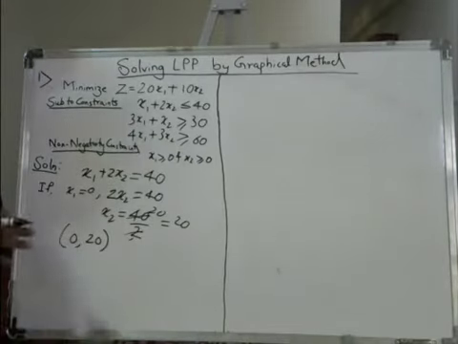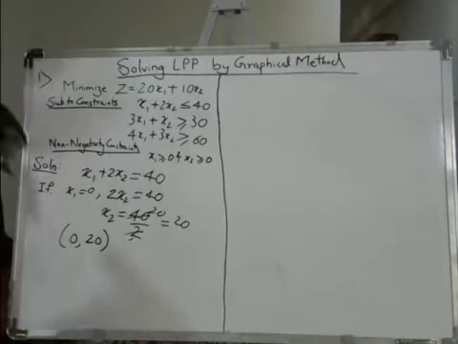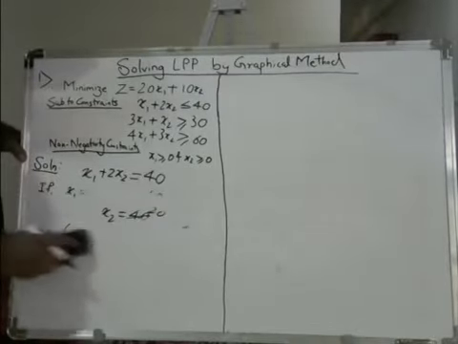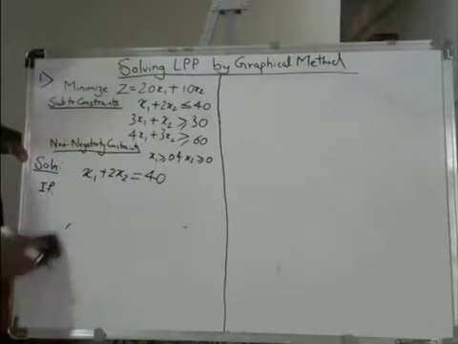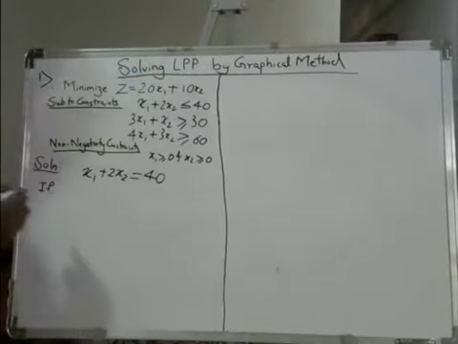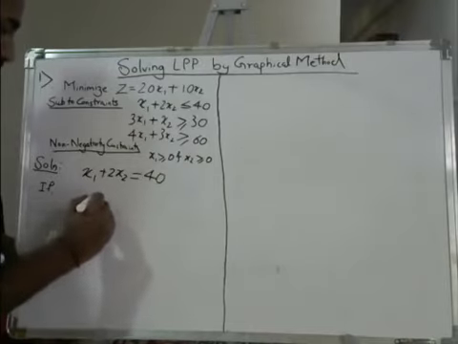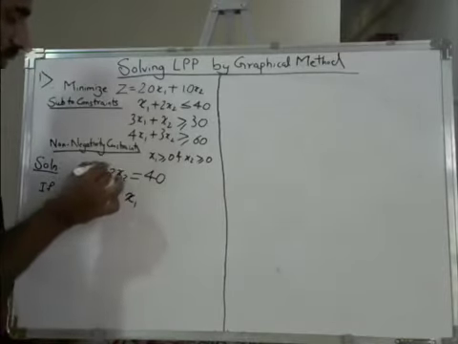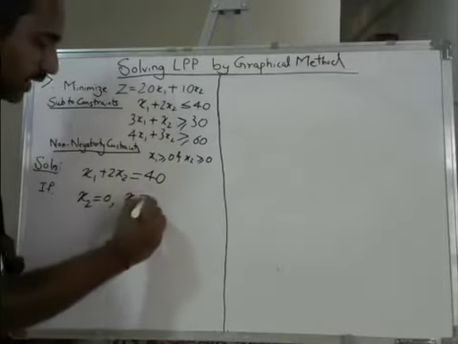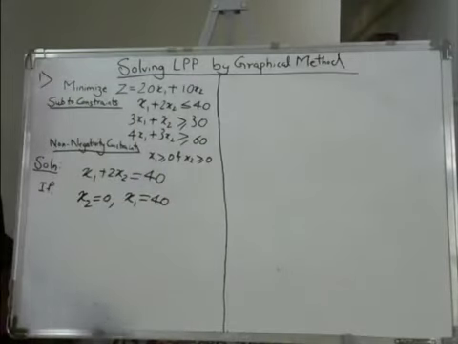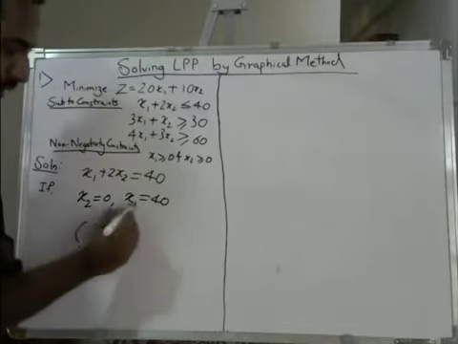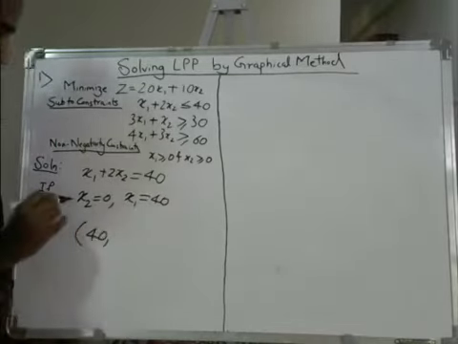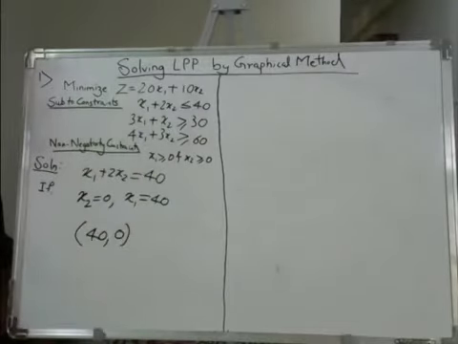Similarly, in the same equation, if we put x2 is equal to 0, this term becomes 0, and x1 will directly be equal to 40. The second coordinate we got is x1 equal to 40, x2 is 0.